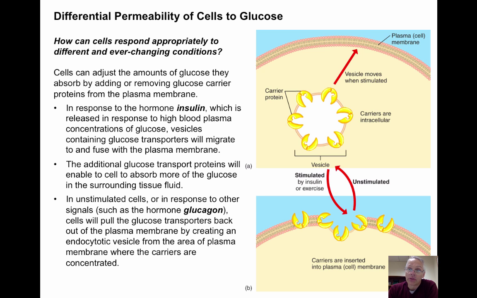So it shows at the top a cell that has no carrier proteins for glucose plugged into the cell membrane. There may be circumstances where this is true, where there are absolutely none, but more than likely there may be a few of those glucose transporters in the membrane, and the cell might want to add some or take away some, depending on the circumstances.